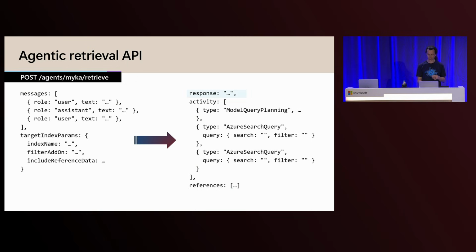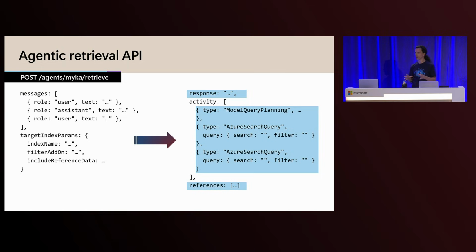The answer is first a response that you can feed into the language model loop that your agent is driving. We'll also give you activity, so you know how we got to this part of the answer. And finally, we'll of course give you references, so you can give the end user citations of what you are grounding the answer for a particular question on.